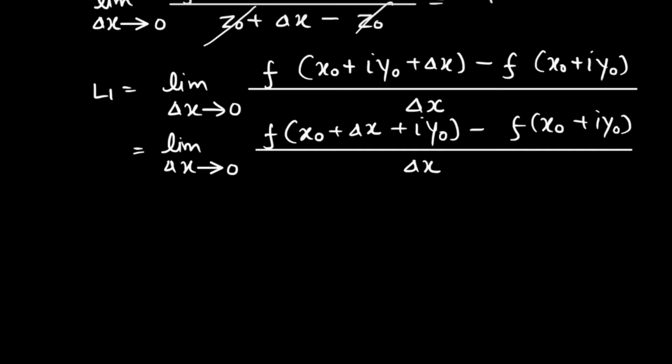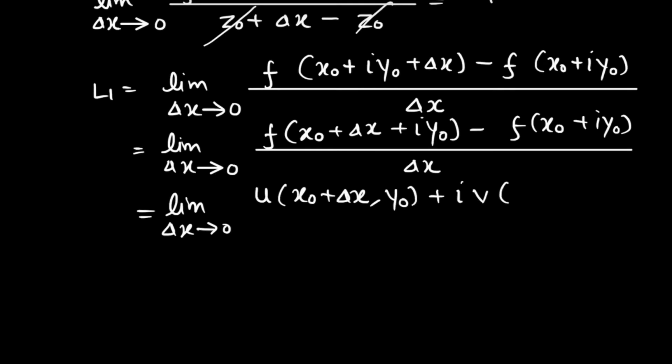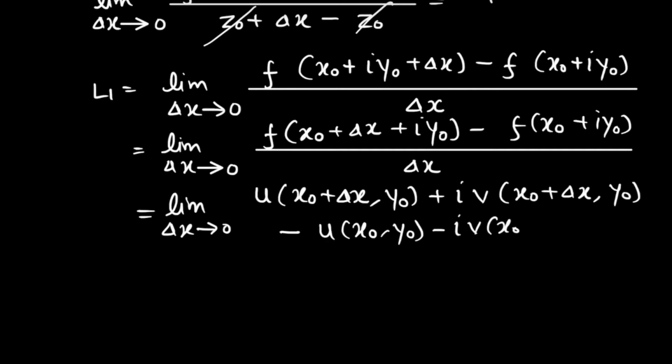Okay, so we can write this equation in the form of u and v as limit delta x tending towards 0 of u of x naught plus delta x comma y naught plus iota v of x naught plus delta x comma y naught minus u of x naught comma y naught minus iota v of x naught comma y naught, and in the denominator we have delta x.